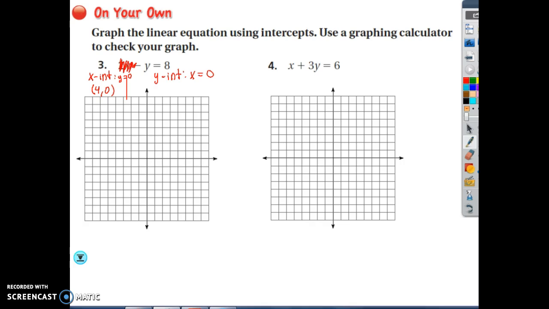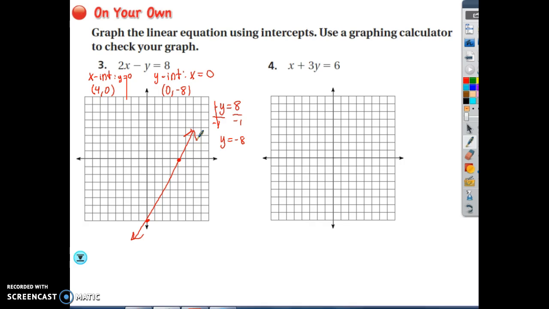Negative y is equal to 8, which means that y actually equals negative 8. You can see this if you write it out, and then divide by negative 1 on both sides. Y would equal negative 8. Plotting these both, I've got 4, 0, and 0, negative 8, so my equation would look something like this when graphed.